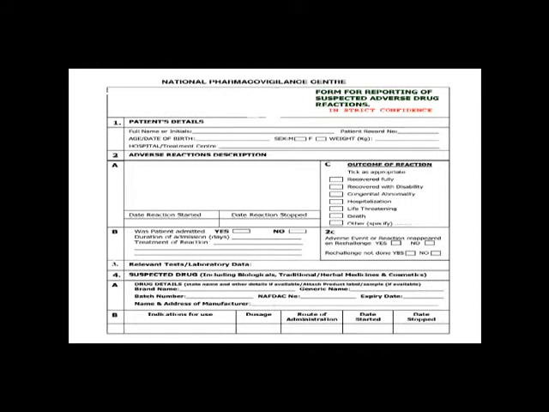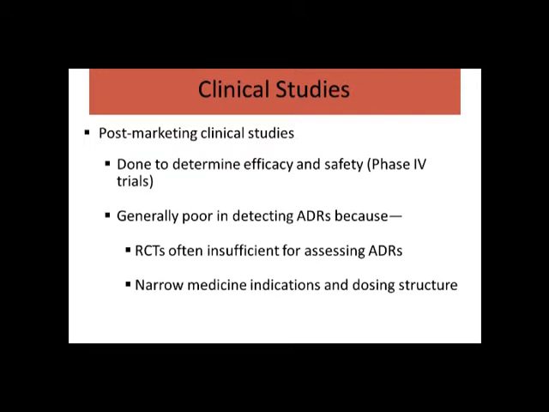Whatever it might be, you need to fill up a form so that it goes and hits the vigilance authority. So that is what you need to know at the end of the day. In the country in which I practice, usually there is what is called the blue card or the blue form. It differs from country to country, but whatever it is, the summary remains the same, reporting of ADRs.